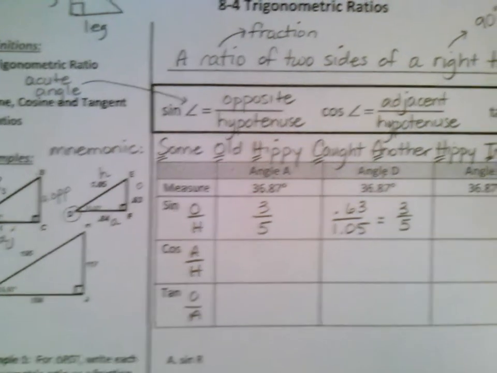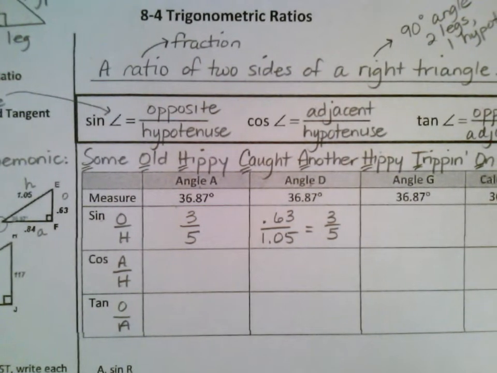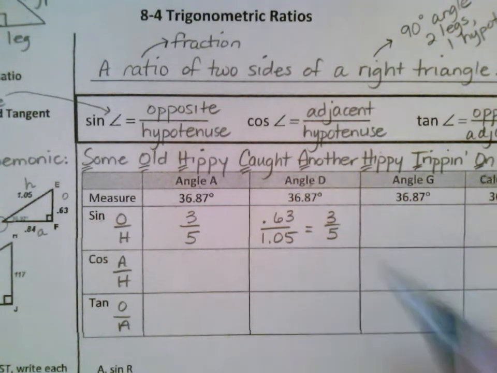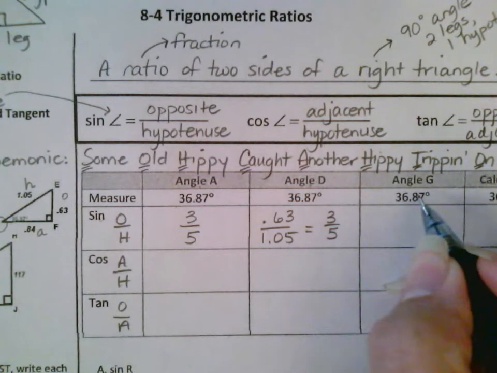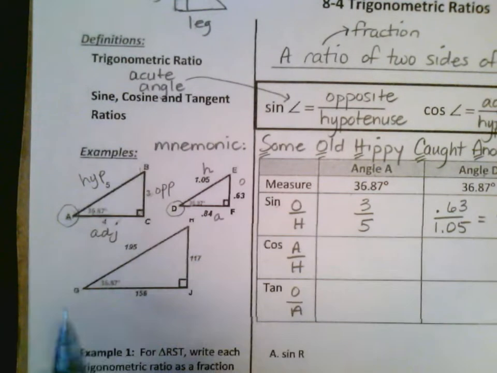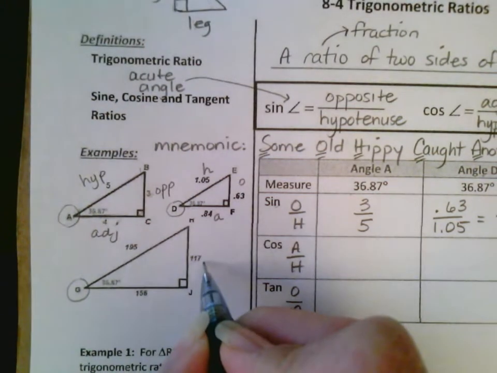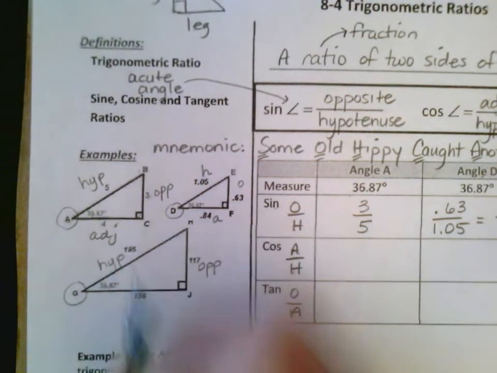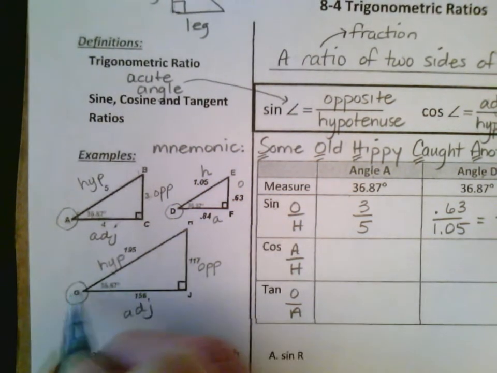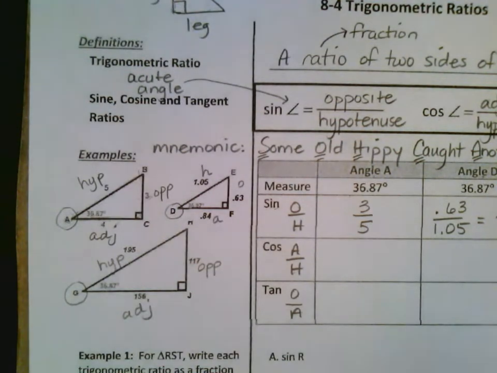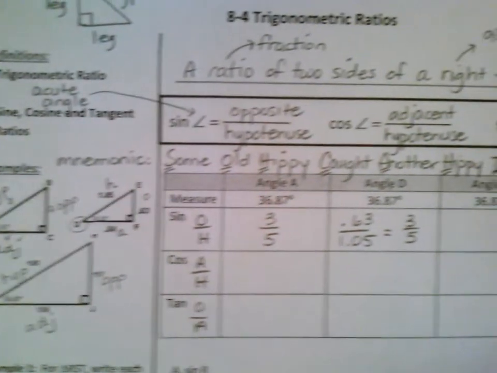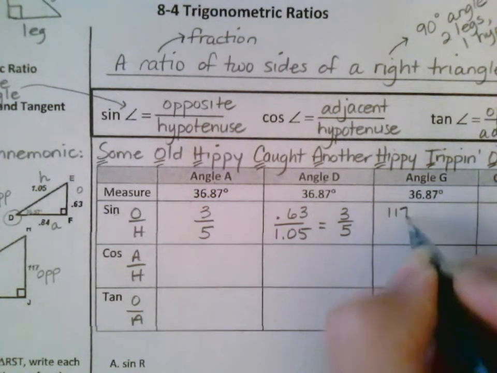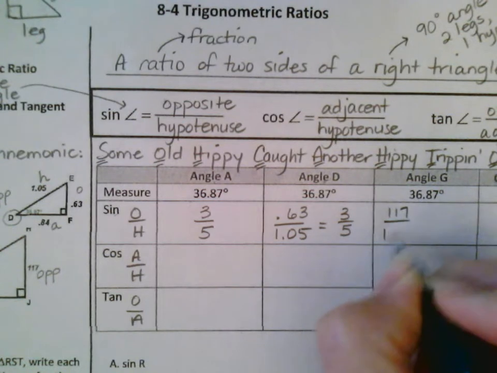We're going to do the same thing over here for the next one. As a matter of fact, I'll let you do that one on your own. Well, let me just go ahead and do it. So for angle G, let's look at this picture again. We're over here at angle G. This is still going to be the opposite side. This is my hypotenuse side and still my adjacent side based on where I'm standing. Again, I'm standing at where I circle that, okay? So if I need the sine of G, I'm going to put 117 over 195.